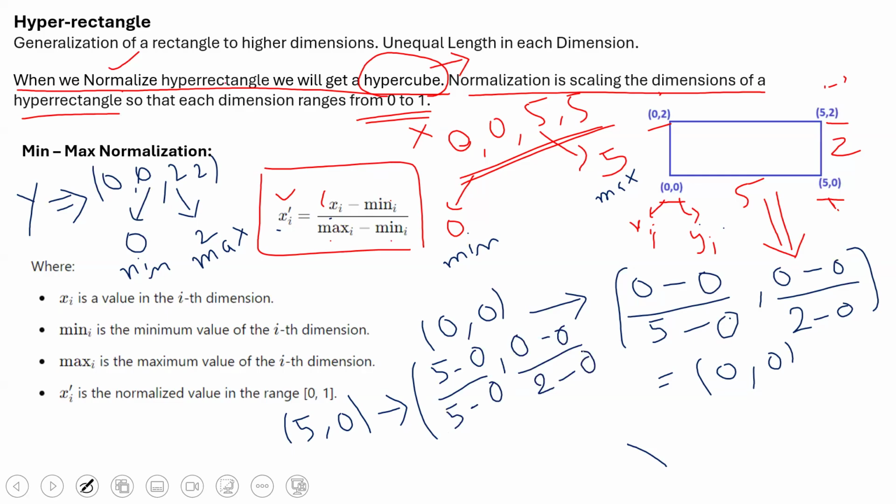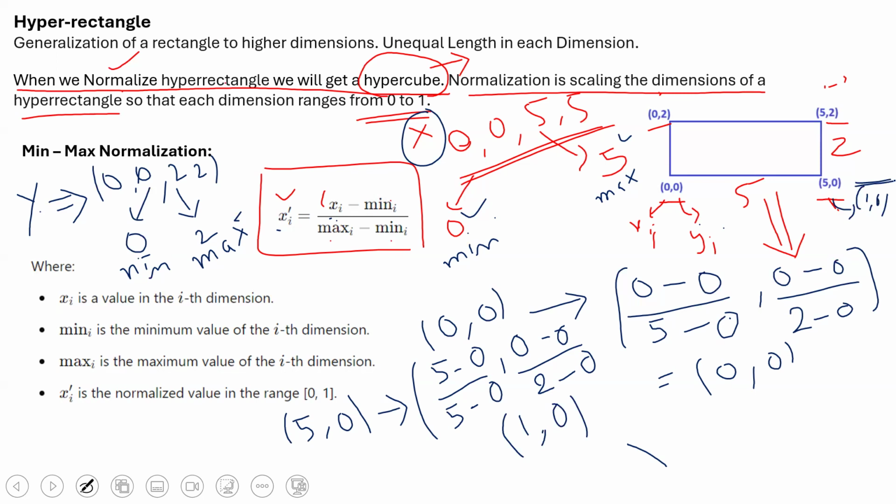Just use this formula, replace xi or yi with these points. Minimum comes from this, maximum comes from this for x. Minimum of y comes from this and maximum comes from this. So what is this point coming down to? 5 by 5 is 1 comma 0. So when we normalize, this point changed to 1 comma 0. This is the normalized point. 0 comma 0 remained as 0 comma 0.